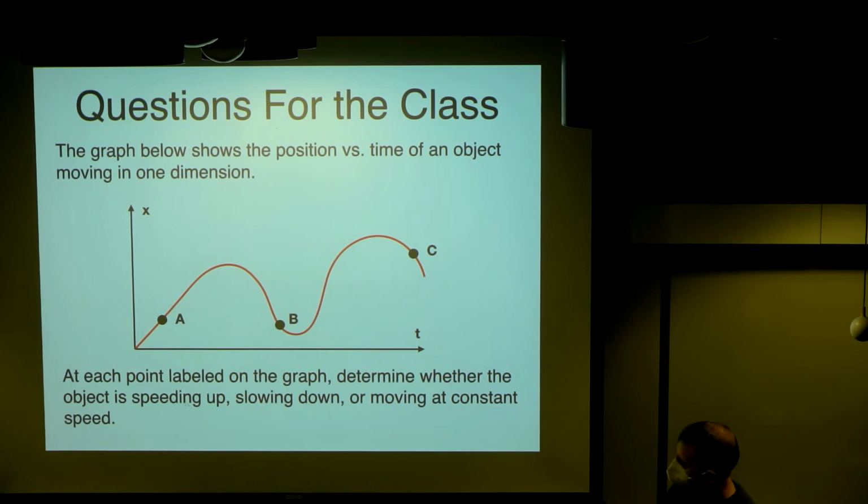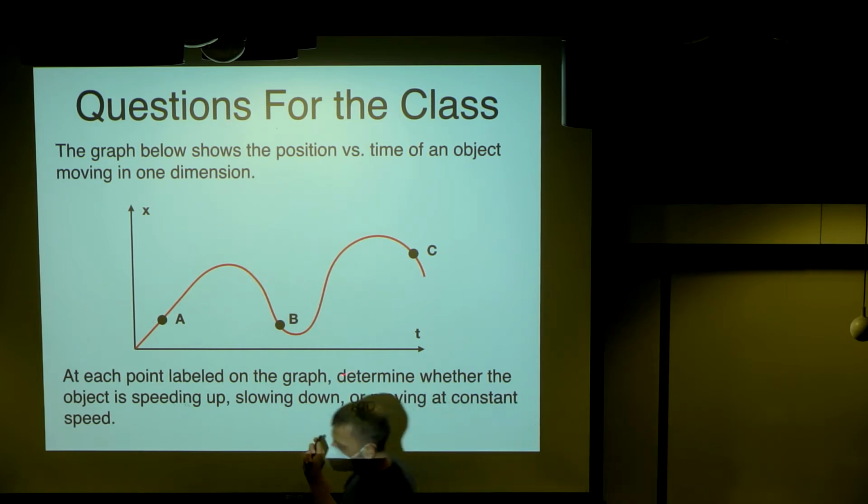What I want you to do is figure out, at each point, are we speeding up, are we slowing down, or are we just moving at a constant speed that's not changing? So the rules I just gave you in that table should be enough to figure this out. So give it a try, see what you come up with. At each point, figure out what's happening.